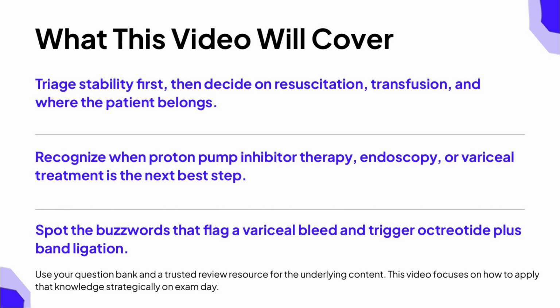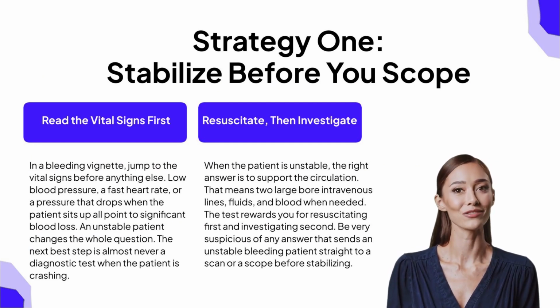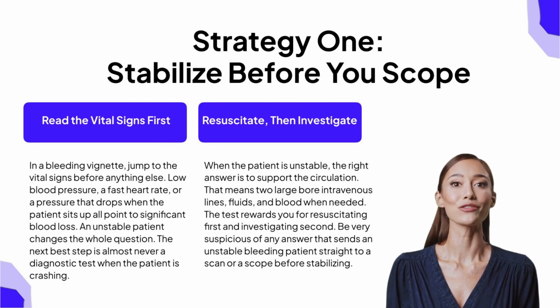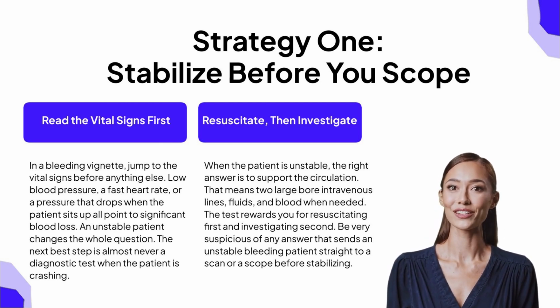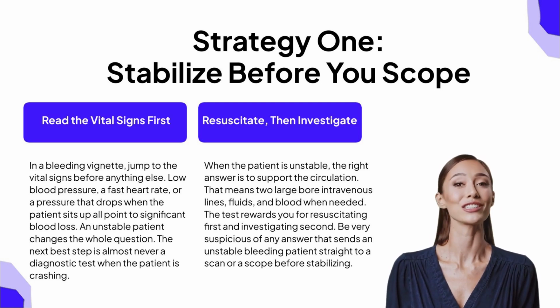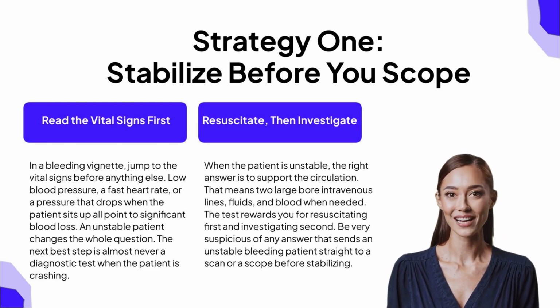Let us get started. Our first strategy is to stabilize before you scope. In any bleeding vignette, train your eyes to jump straight to the vital signs. A low blood pressure, a heart rate above 100, or a blood pressure that falls when the patient stands up are all telling you the patient has lost a meaningful amount of blood. The moment you see instability, the question changes. The right answer is almost never a fancy diagnostic test.